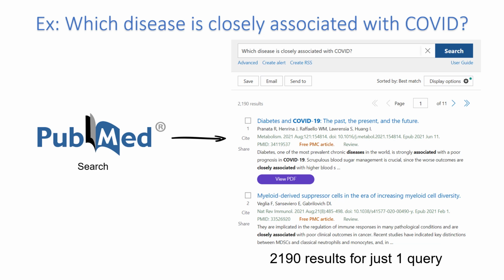But intuitively, you might think that perhaps infection or lung-related diseases would be more closely associated with COVID-19. So your query may not always be accurate. But at the same time, you have here over 2,000 results. So you have to go through 2,000 papers to actually understand or detect what kind of diseases are associated with COVID.